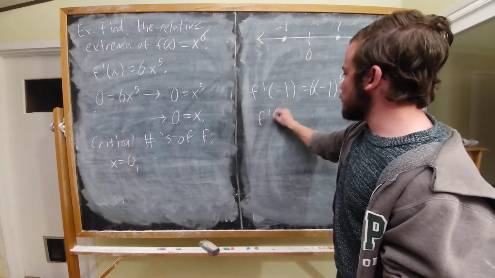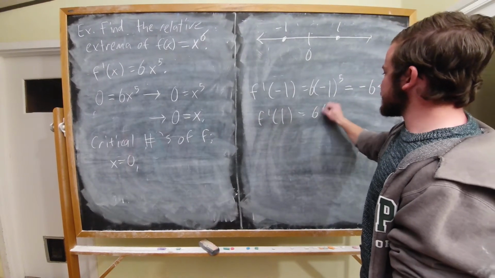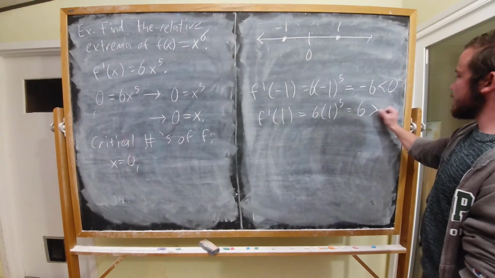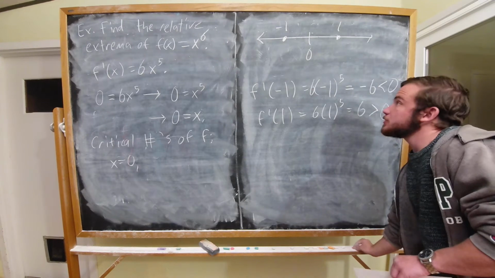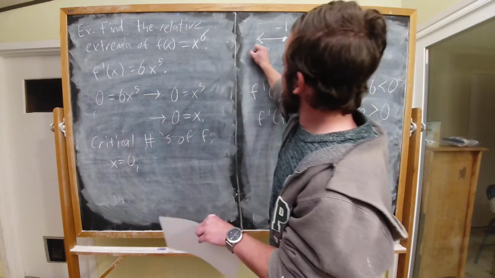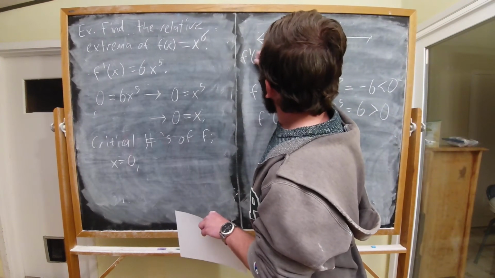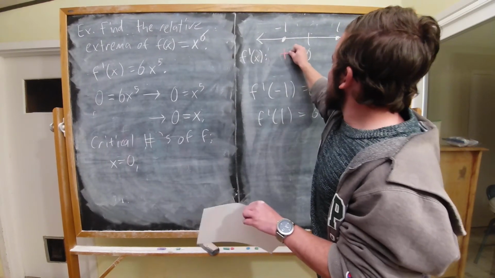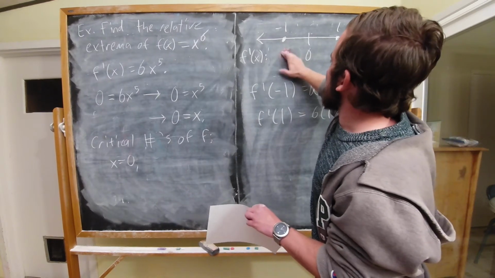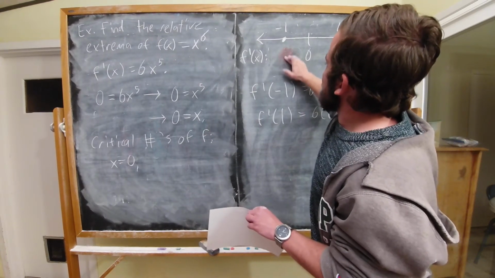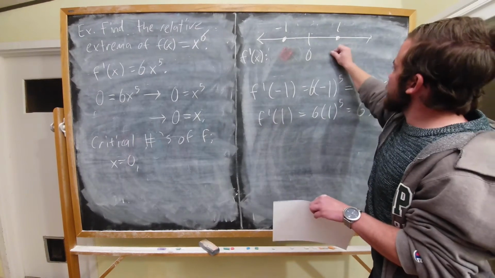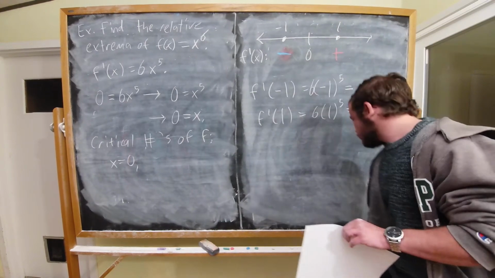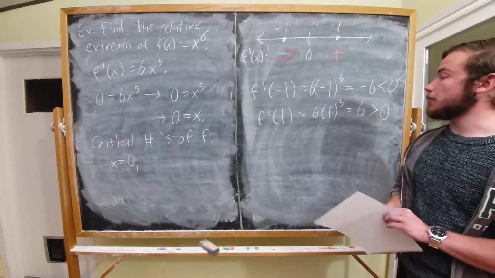And f prime of 1 is 6 times 1 to the fifth, which is 6. Last I checked, 6 is greater than 0. So f prime of x is positive. Sorry, wrong side. Positive to the right of 0 and negative to the left of 0.